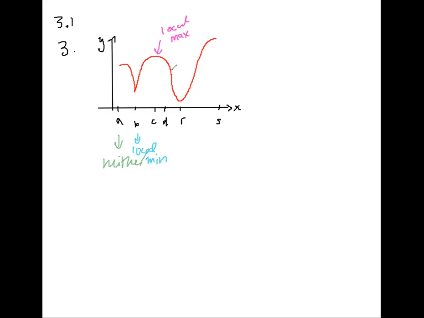What about D? D is partway down between C and R. It is neither. To me, D looks to be located approximately where we move from concave down to concave up. What might D be if it is at that point? Like, what's the name for that point?